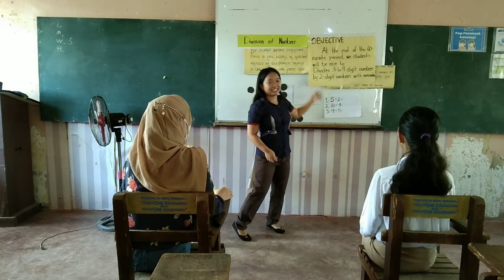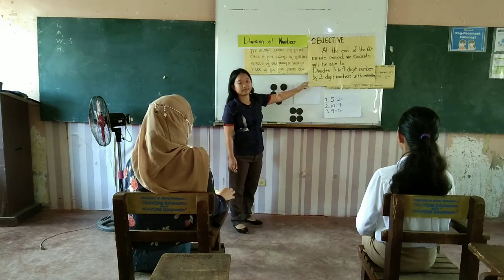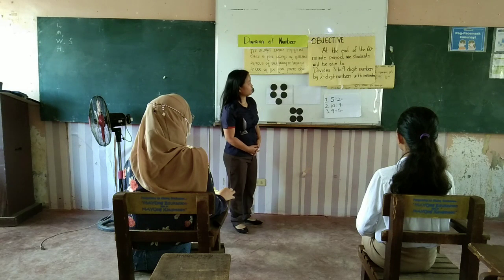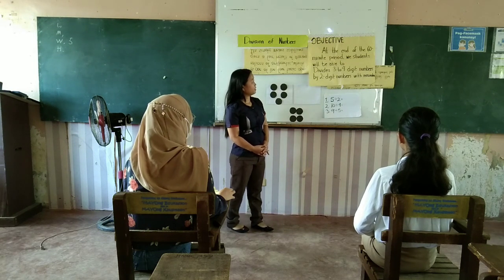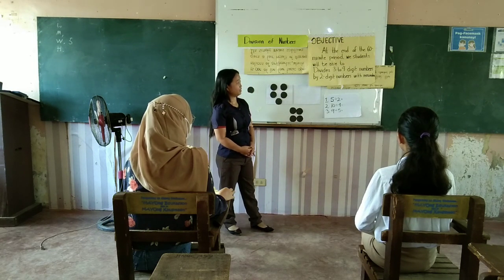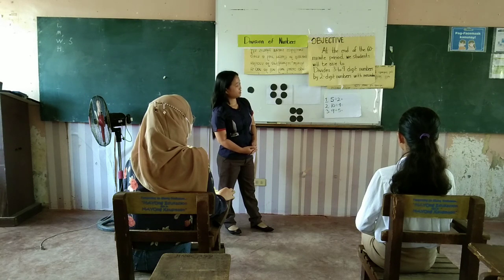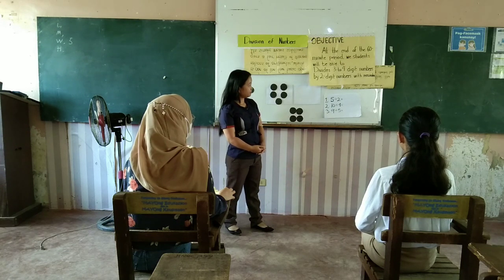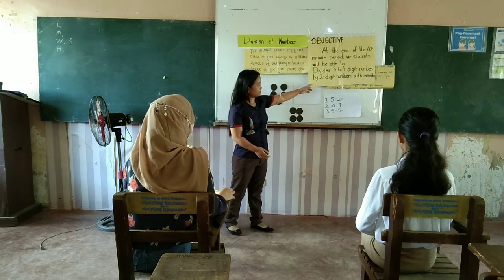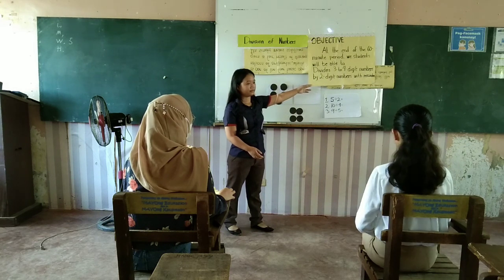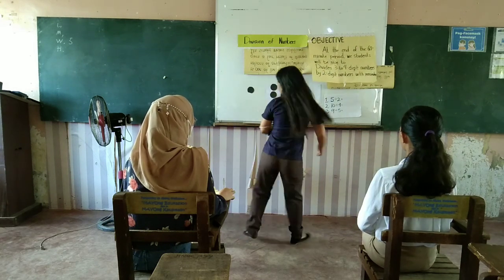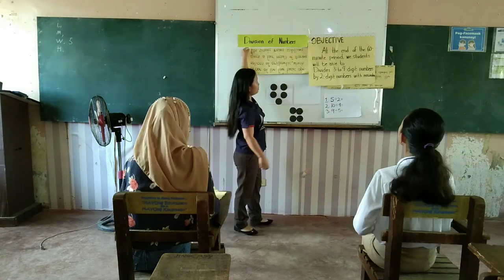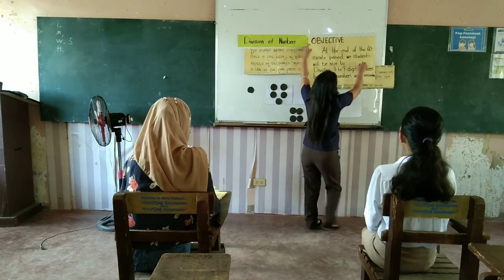Kindly read the objective. At the end of 60 minutes period, we students will be able to divide 3 to 4 digit numbers by 2 digit numbers with remainders.